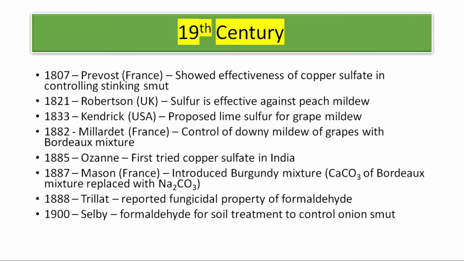Prevost in the year 1807 from France showed effectiveness of copper sulfate in controlling stinking smut. So we have been seeing a series of attempts to manage stinking smut disease of wheat using various chemicals. In 1821, Robertson used sulfur to manage peach mildew.